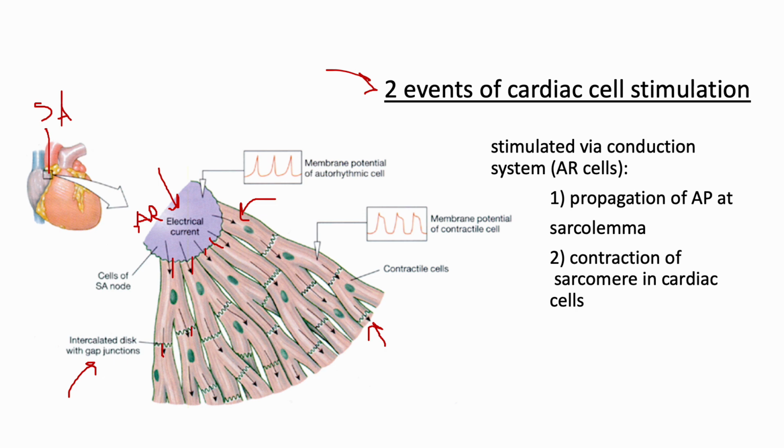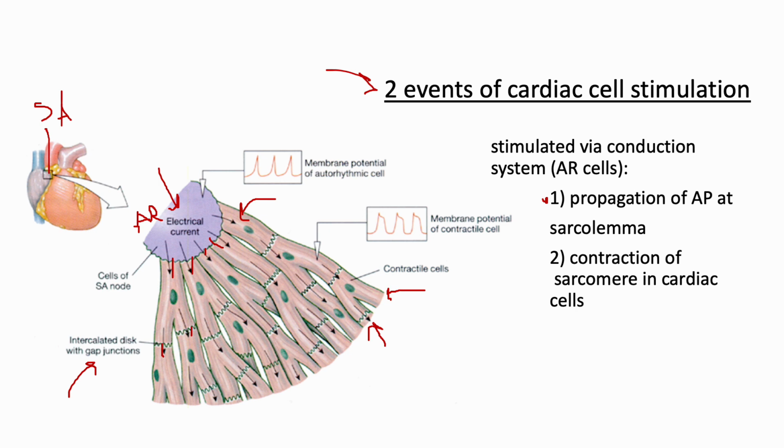So the first event we need is propagation of the action potential at the sarcolemma. And remember, the sarcolemma is the outside of the muscle cell, right? The second thing we need is contraction of the sarcomere in the cardiac cells. Remember, these cardiac cells have a contractile unit, the sarcomere, just like skeletal muscle. Well, we need that to shorten.